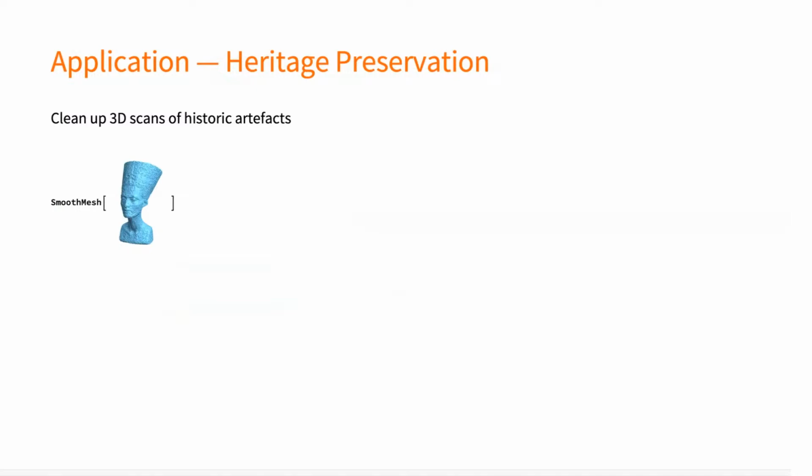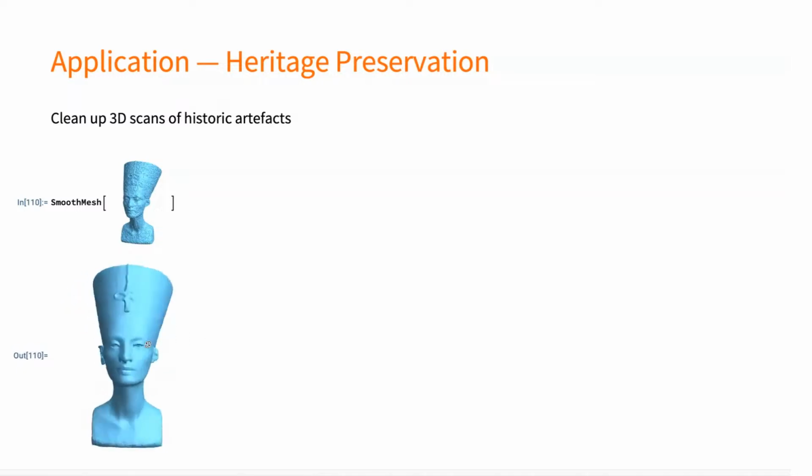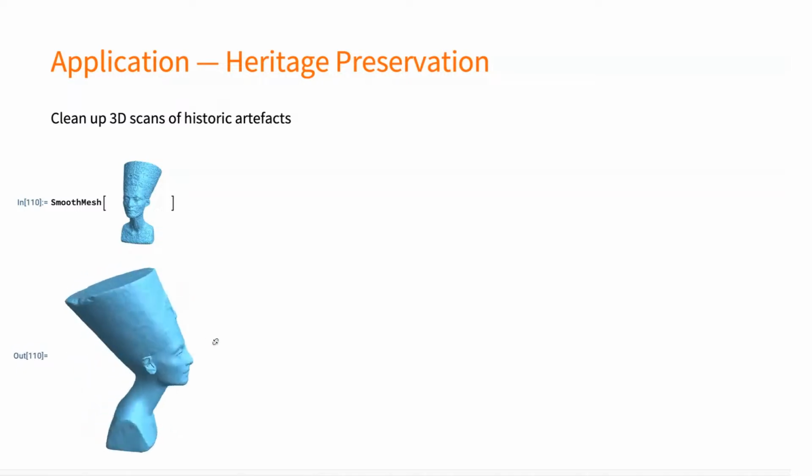We often want to 3D scan historic artifacts in order to better preserve them digitally and allow more people to experience them. For example, here, we can use our new function, smooth mesh, and apply it to this very noisy artifact scan. After doing so, we get a much smoother mesh that looks much more like the original model.